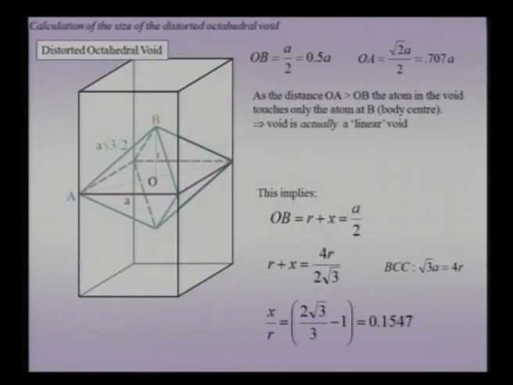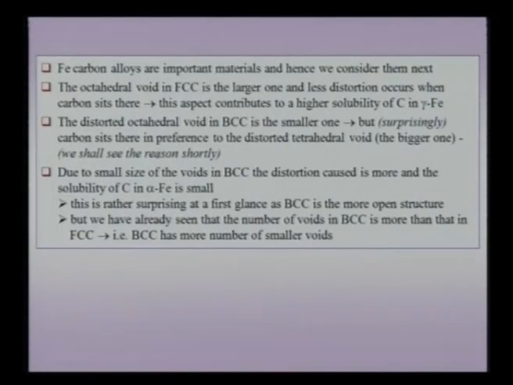Now, as I pointed out, we will consider the special example of carbon in iron and the relative size of the atoms, especially when you are talking of carbon sitting in BCC iron with respect to carbon sitting in FCC iron, to understand how the solubility would be affected by the relative size of the voids, and which void the carbon atom preferentially sits in.